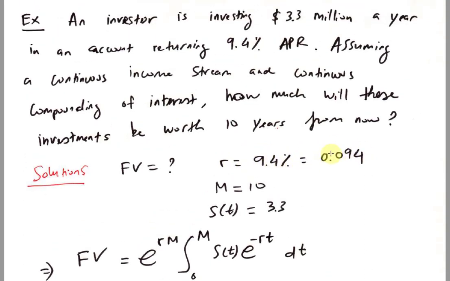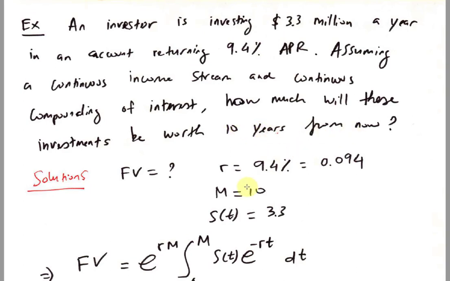We know that we are looking for 10 years from now, so M is 10. And we also have S of T, 3.3 million a year. This is the continuous income stream, 3.3 million dollars per year. So S of T is the flow rate of money, 3.3.